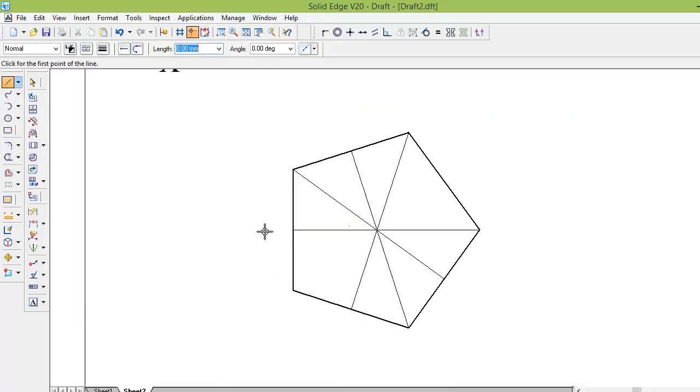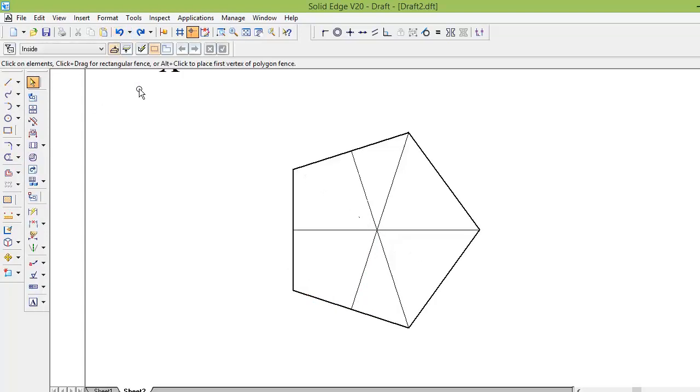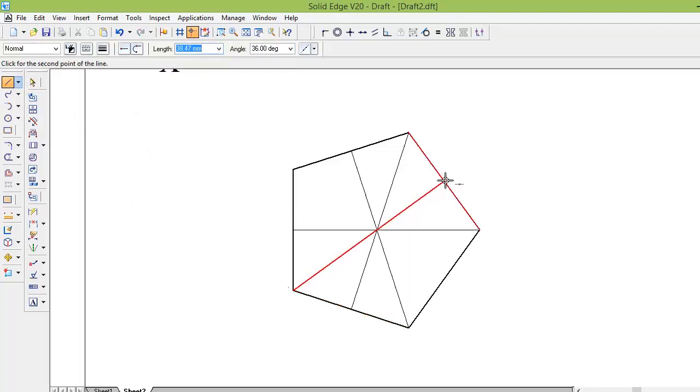Okay, so construction of the pyramid means, so trim these center lines, these lines. Okay, another point I have not connected here. From this point to this center point, from this point to this.